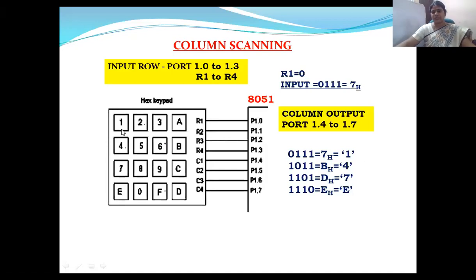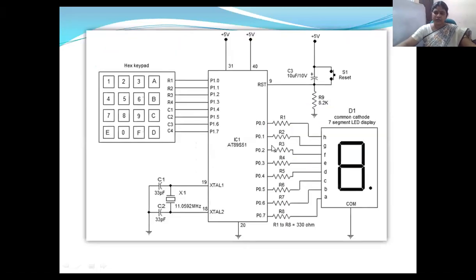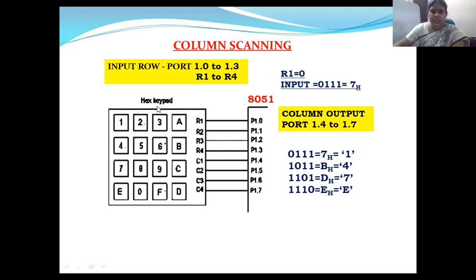I selected this one as my first row and I'm going to check the columns. This is how you first frame your coding. When we write the program, we'll see once again how you go for this column and row.